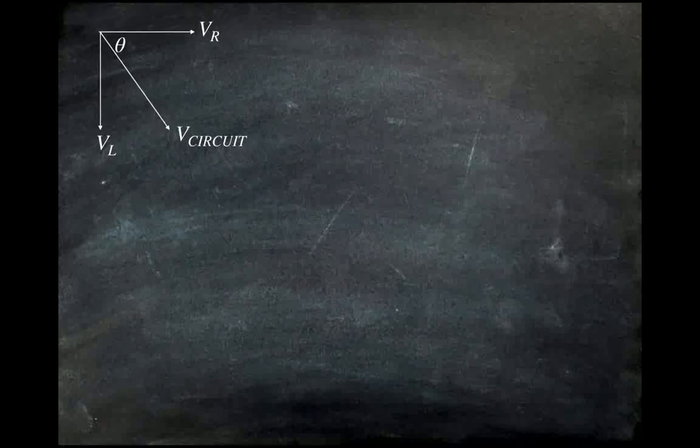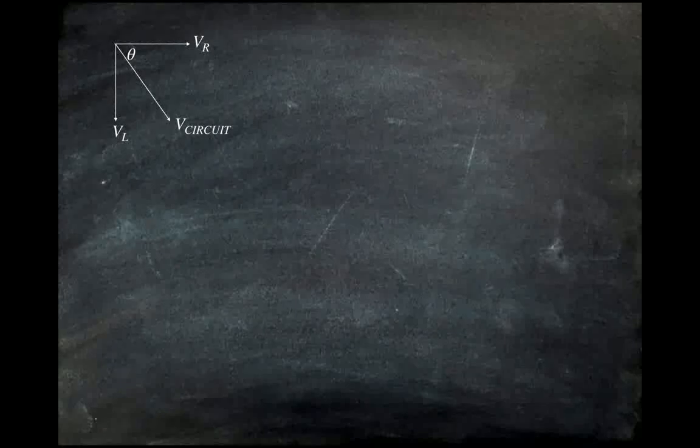Based on the previous findings, since the resistor and the inductor are in series, the voltages across the resistor and the inductor should also be 90 degrees apart. Now, if you recall, this is exactly what we found out for the resistor and the capacitor in the previous lab.